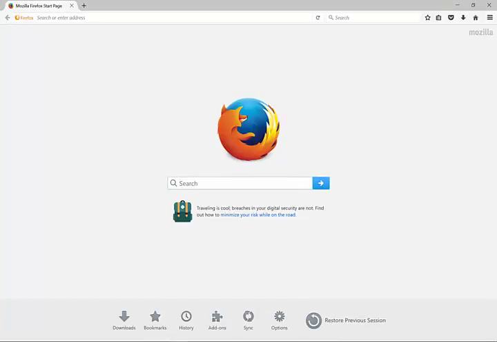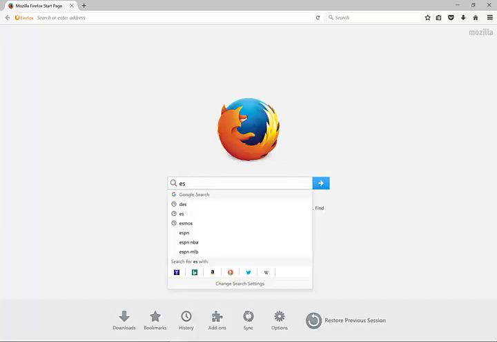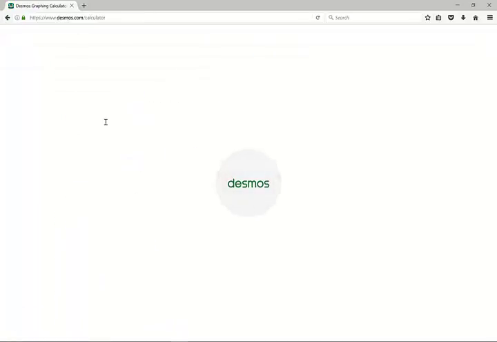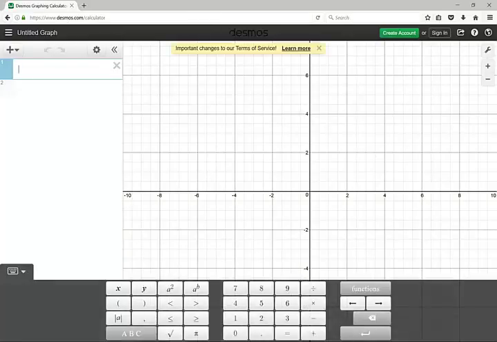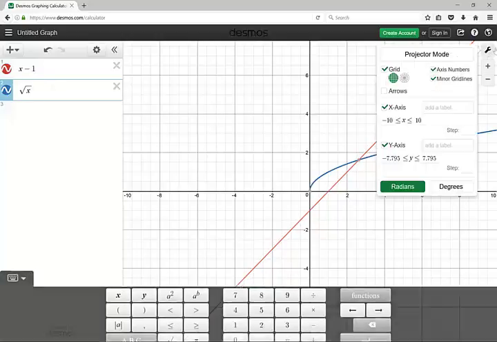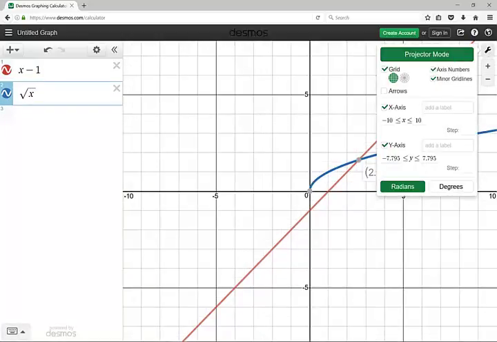So what are my two functions? x minus 1 and square root of x. So look where they cross right there.